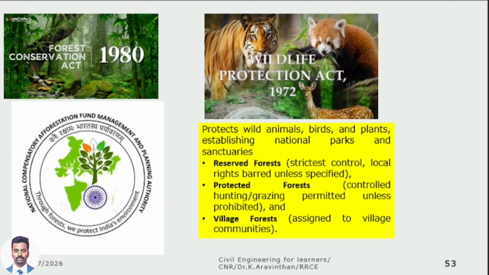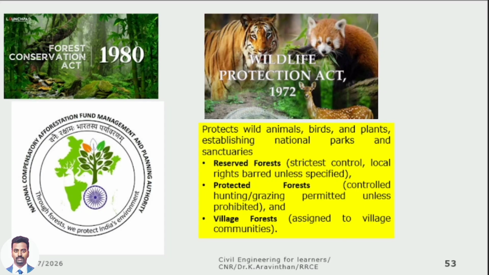After that came the National Compensatory Afforestation Fund Management, CAMPA. What do you mean by CAMPA? Industries were initiated much more after the 1980s in India.